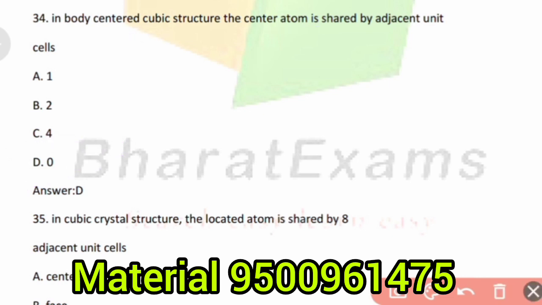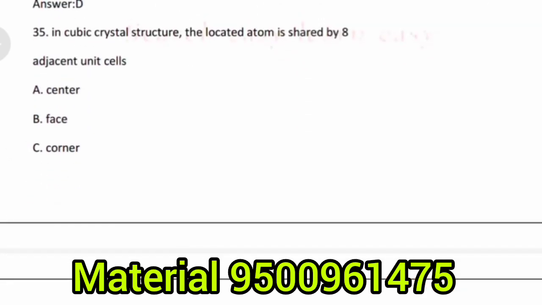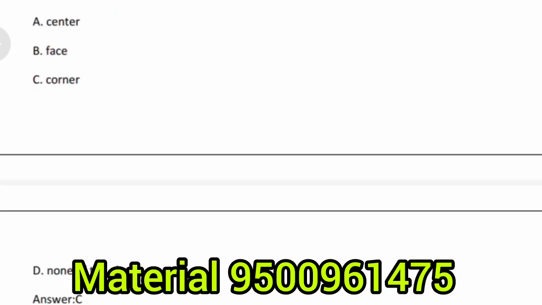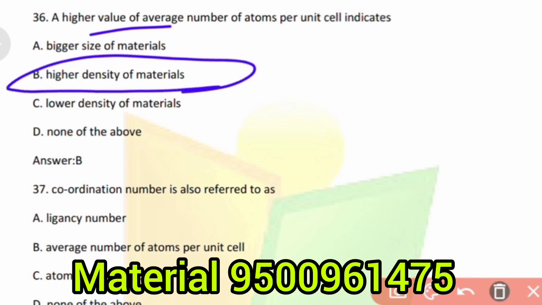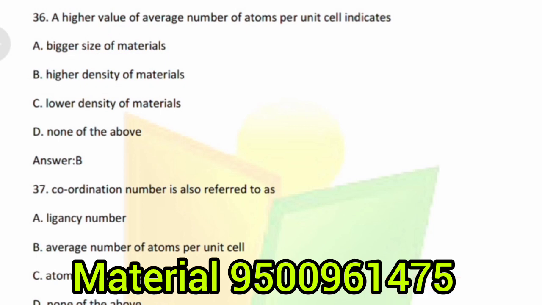Option D, 0. In cubic crystal structure, the atom located at the corner is shared by 8 adjacent unit cells. Option C, corner. A higher value of average number of atoms per unit cell indicates, option B, higher density of materials.